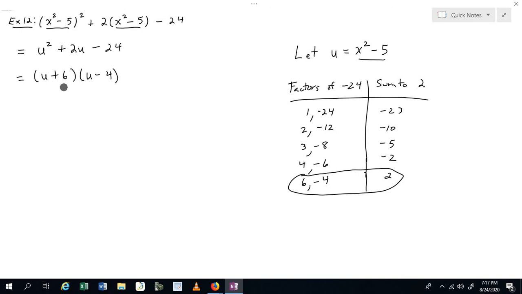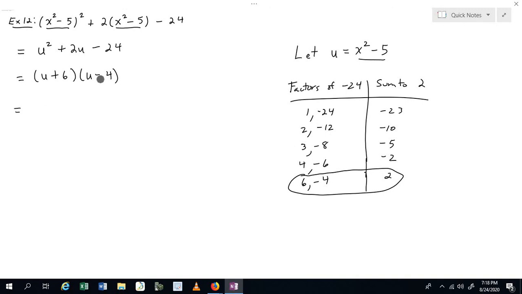Now that we've factored it, we have to substitute what u is back in, because our answer needs to be in terms of x, not u. u is just a stepping stone that allowed us to factor this trinomial a little bit easier.